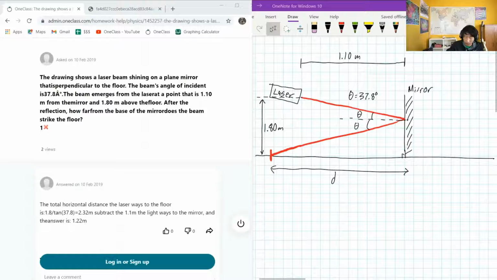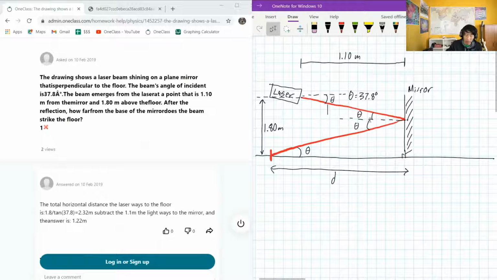Using some quick geometry, we can make some conclusions. This angle right here has to be theta as well, and this angle is also theta. The reason why is because the normal of the mirror has to be parallel to the ground, because the mirror is perpendicular to the ground.